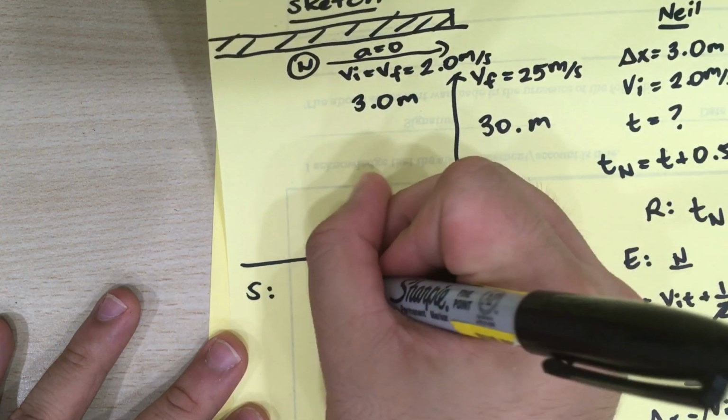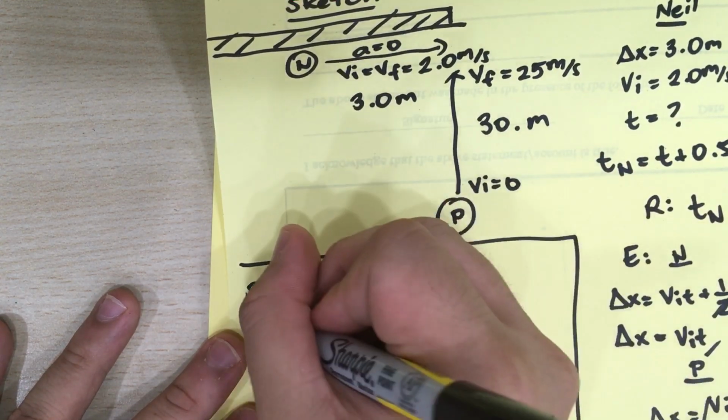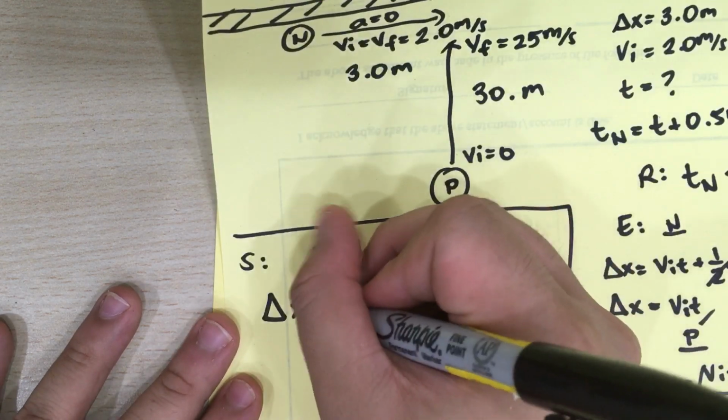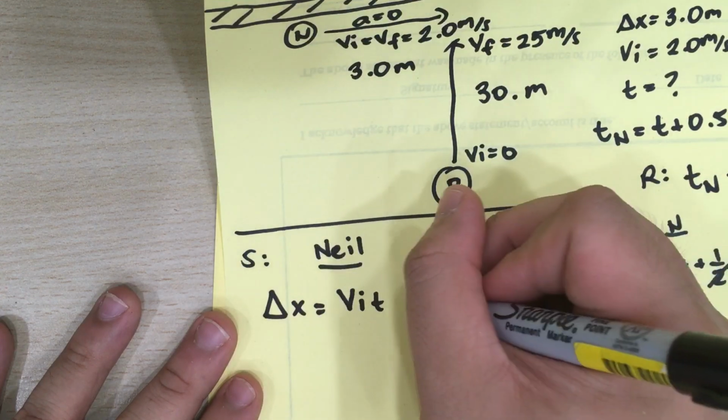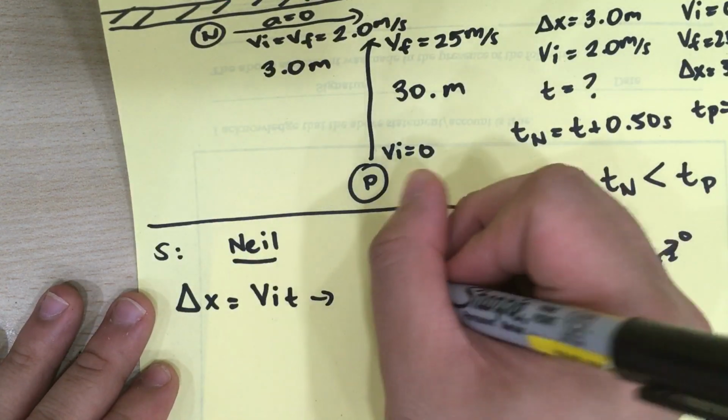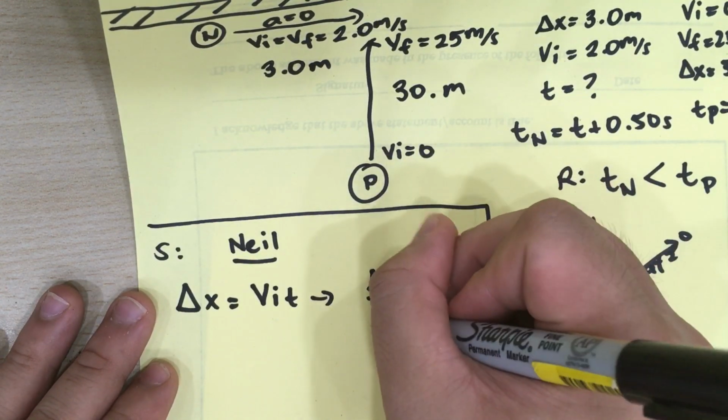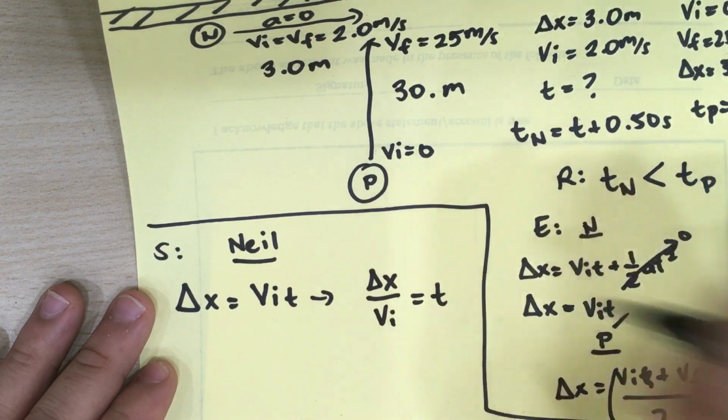So for Neil, delta x is equal to vit, and with a bit of rearranging, we can get that delta x over vi is equal to t.